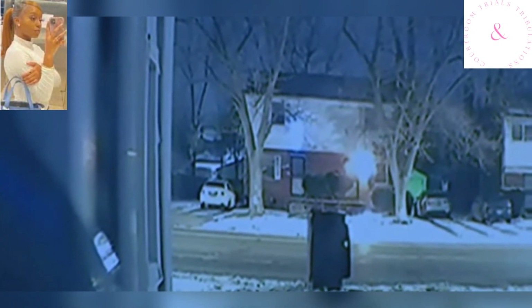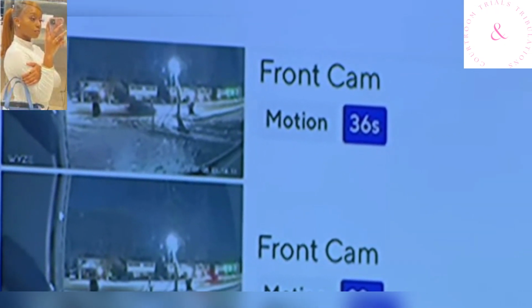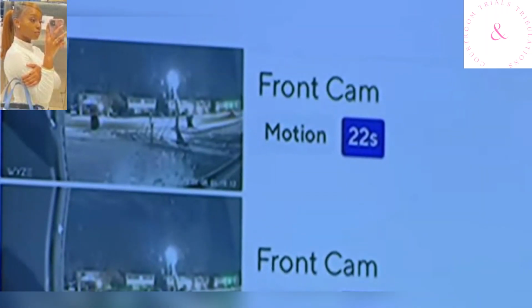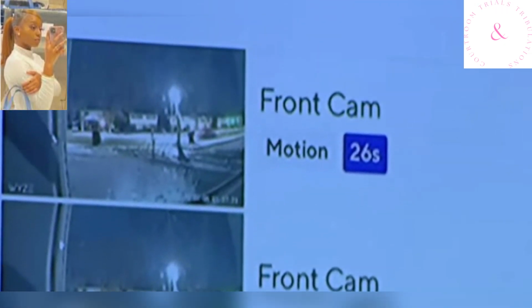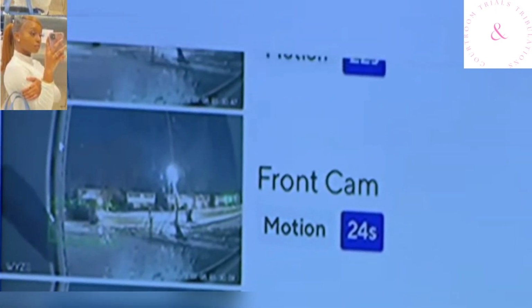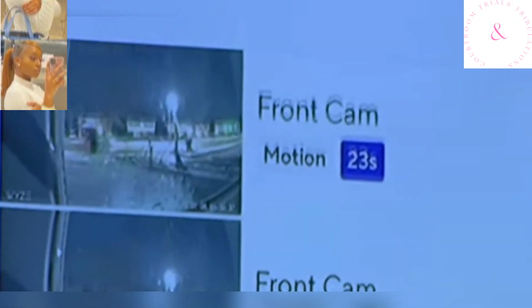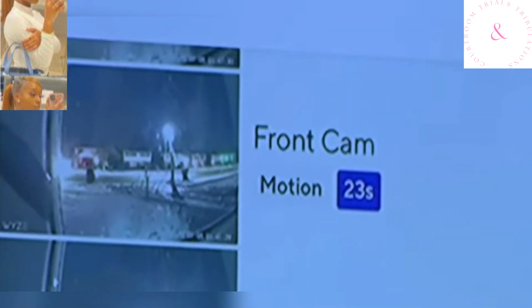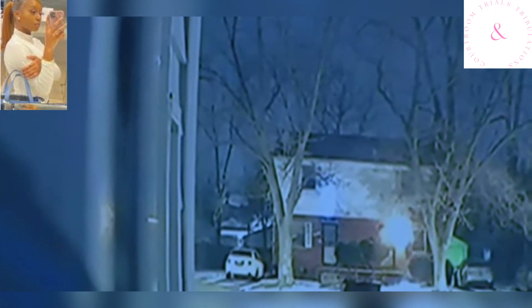It is. At this point, we're at 1:37 a.m. Is that correct? Correct. And again, is the vehicle just stationary? It is.